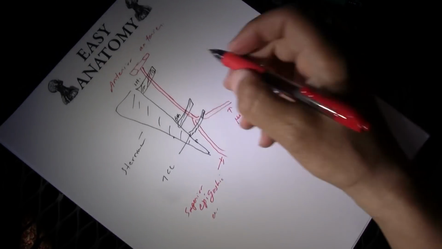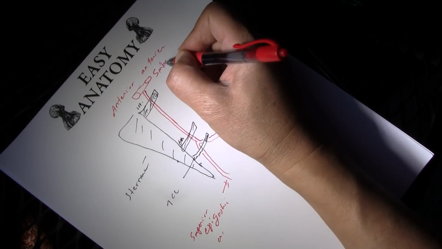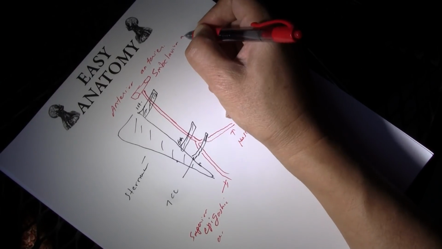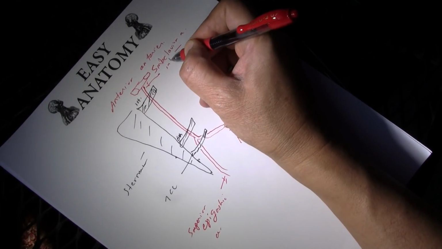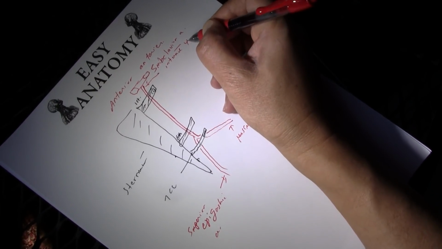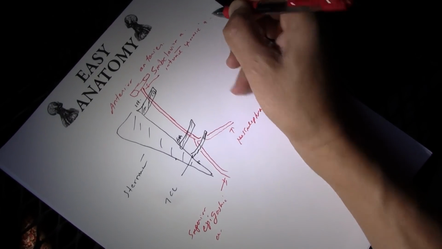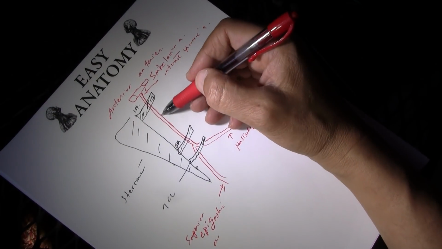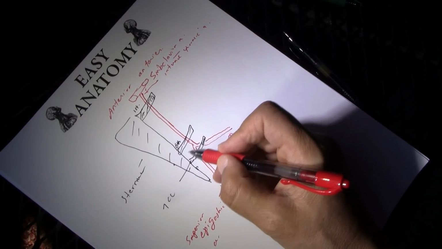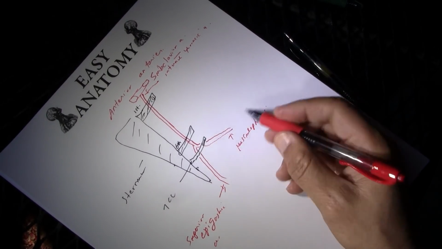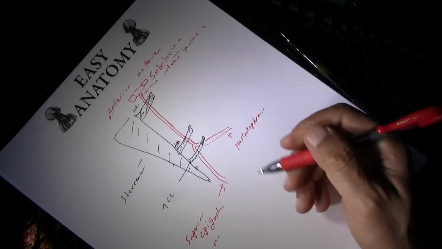Okay, so again, this is the subclavian artery. Its first part sends the internal thoracic artery, a straight artery. The internal thoracic artery descends behind the costal cartilage from 1 to 6. In the 6th space, it divides into 2 terminal branches, musculophrenic and superior epigastric.